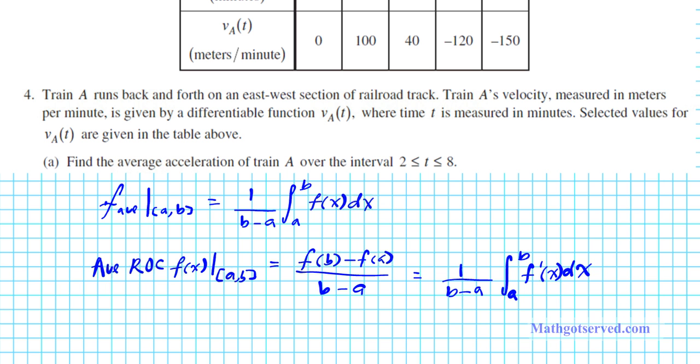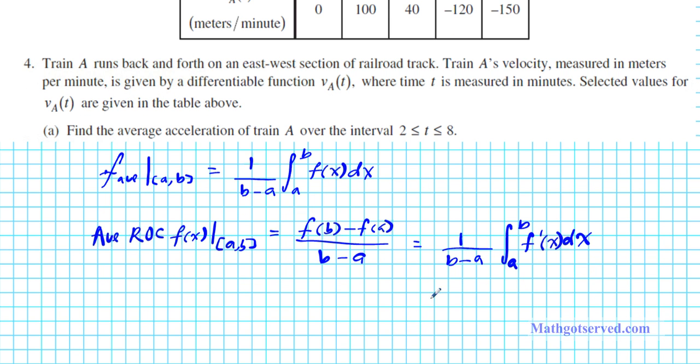So by using the average value formula, this can further be expressed as the average value of the derivative of a function from a to b. So what's the connection here? The average rate of change is basically the average value of the derivative of that function.